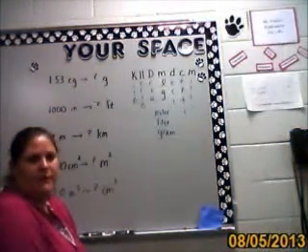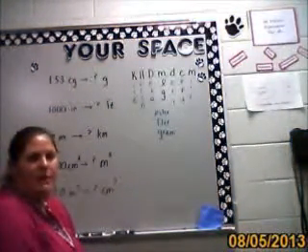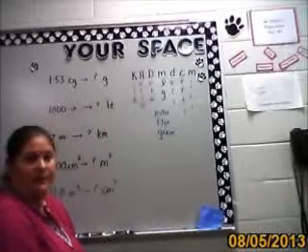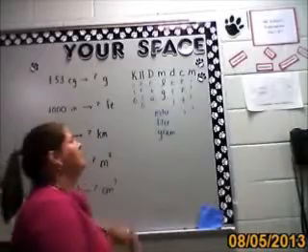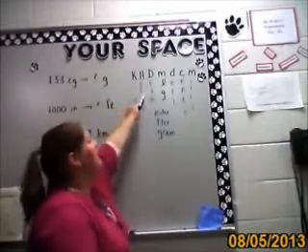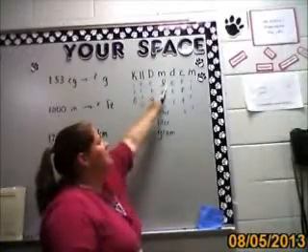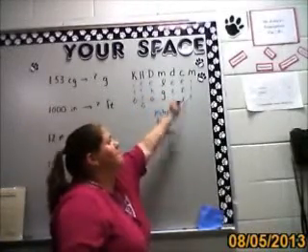In order for us to learn how to convert metric units, we need to first understand our conversion factors. So we learned the phrase, kangaroos hop down mountains, ledges, gullies, drinking chocolate milk.